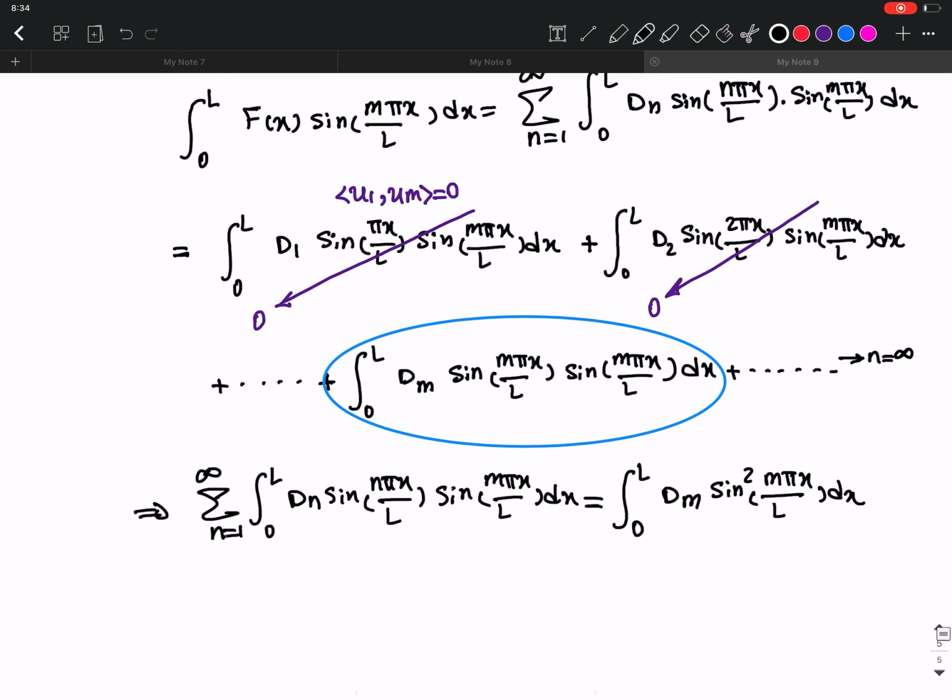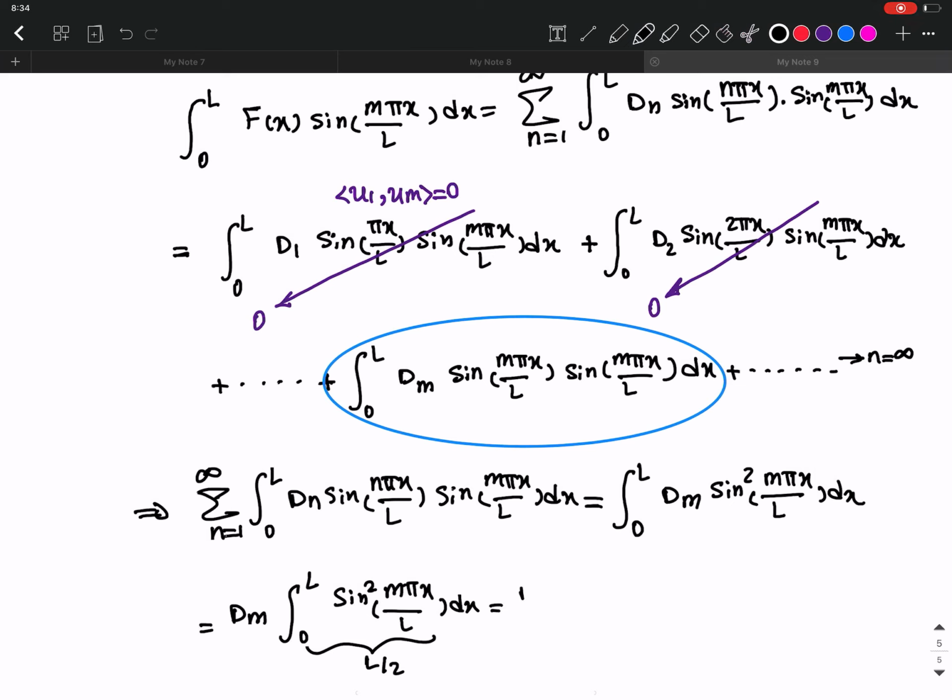And if you take this integral, and dm is a constant, it's going to be dm times the integral from 0 to L of sine squared m pi x over L dx. So if you use some trigonometric relations, you will get that this is going to be L over 2.